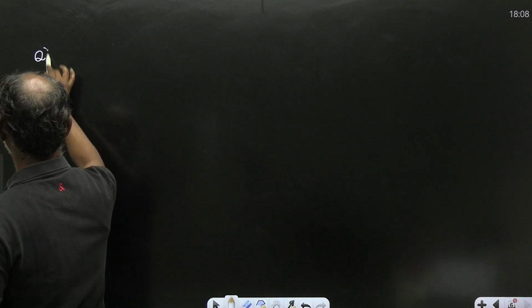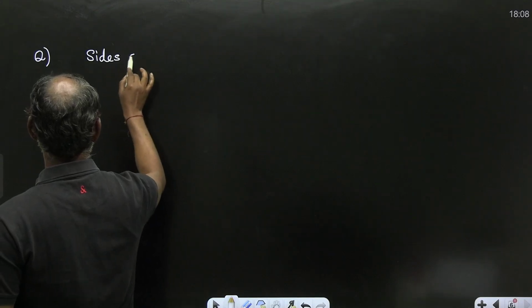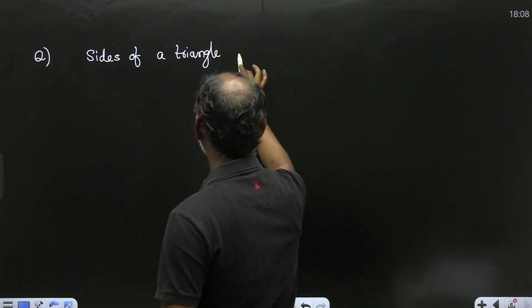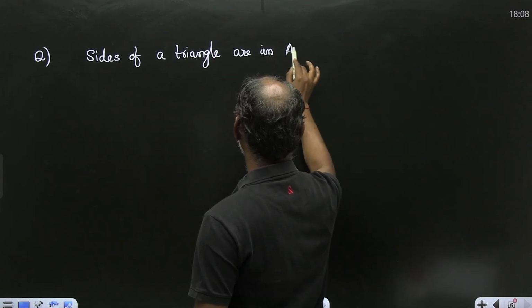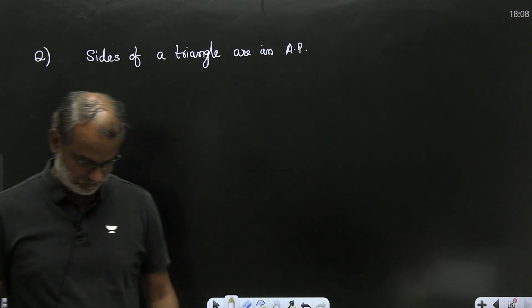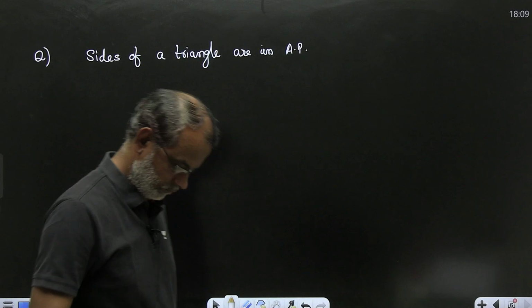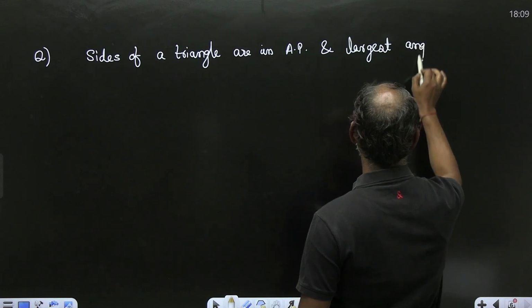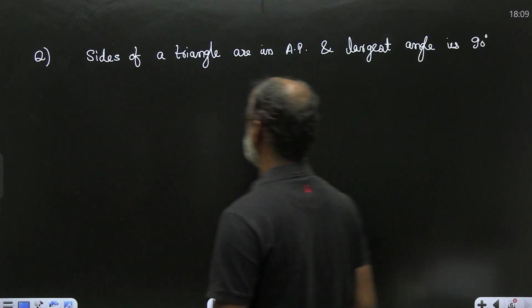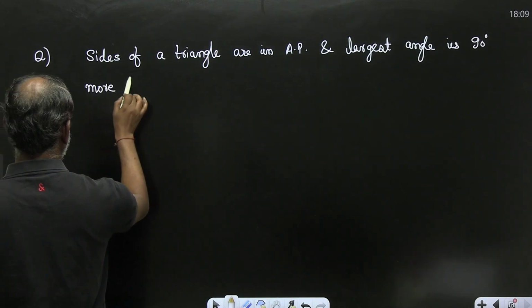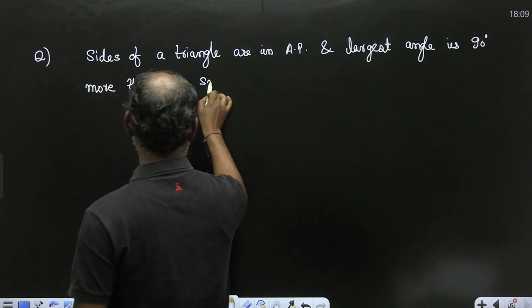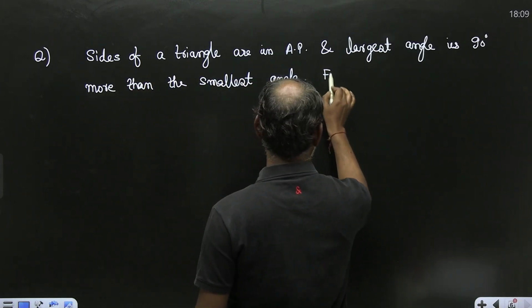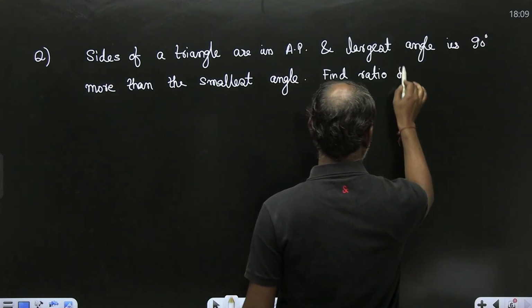Question is, sides of a triangle are in AP, and largest angle is 90° more than the smallest angle. Find ratio of sides.